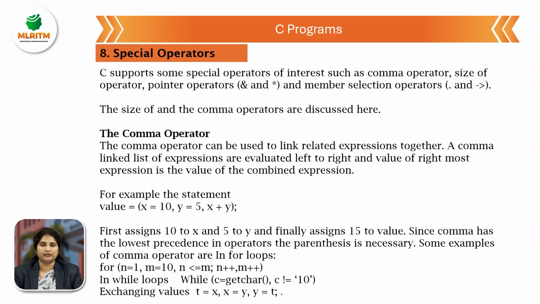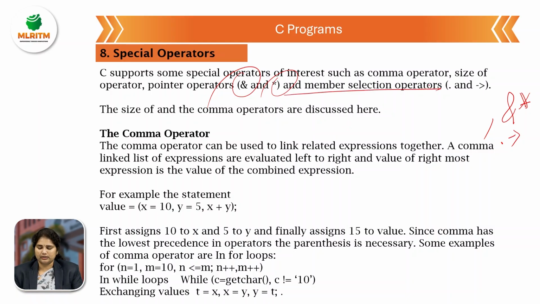Special operators we will use in C language are comma, ampersand, asterisk, dot, arrow. Ampersand and asterisk are address operators, pointer operators. Ampersand is to tell the address of the variable, and asterisk is the pointer operator we will use in pointers.